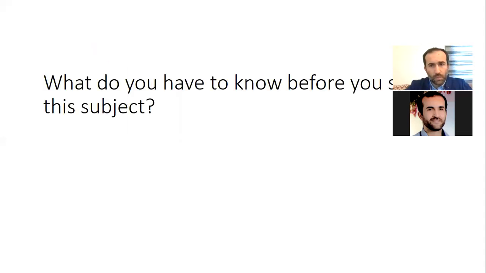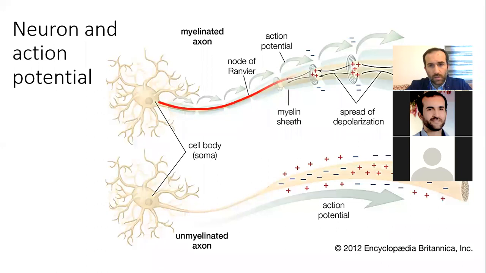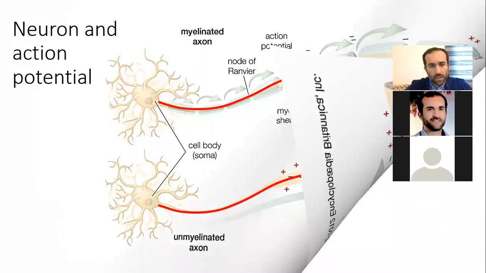First, what do you have to know before we start? You have to know the neuron, the concept of neuron, and its parts. I will make a very quick review. You have to know that the neuron is able to transmit nervous messages, action potentials, and the action potentials are not transmitted at the same speed in all of the fibers.